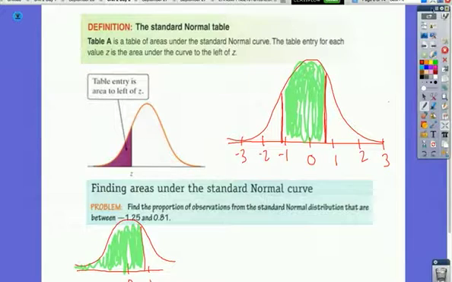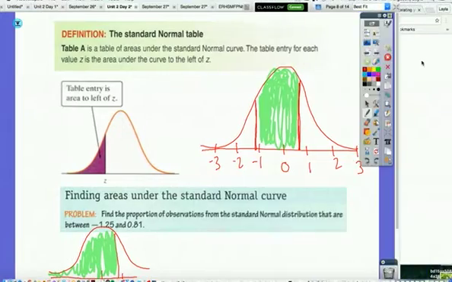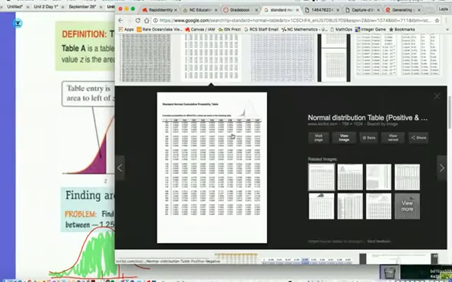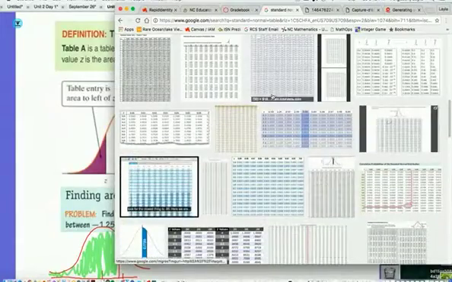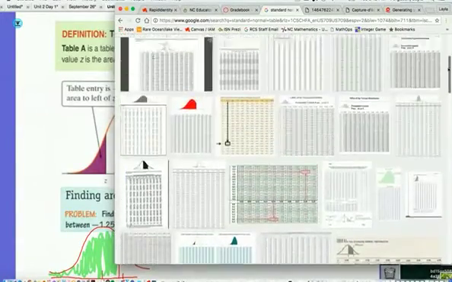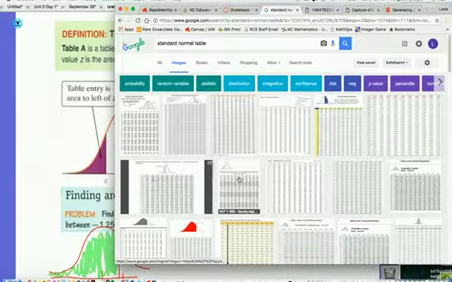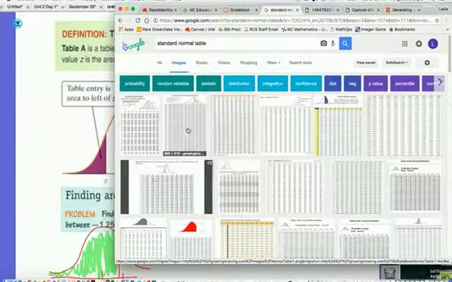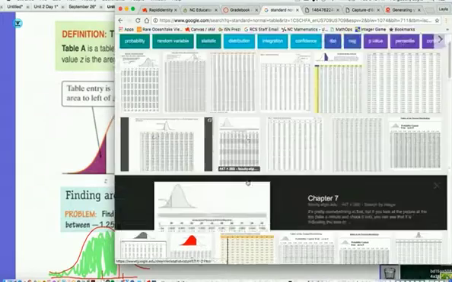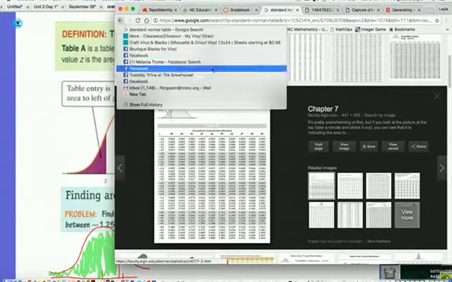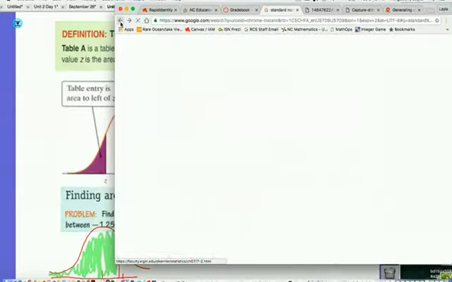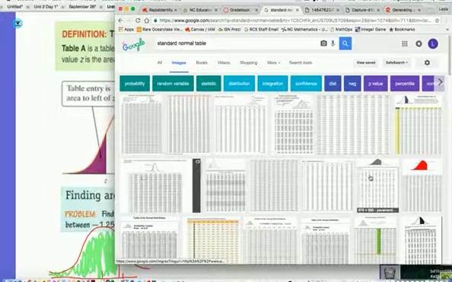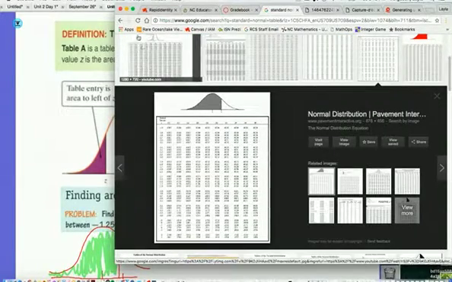Now what you're going to do is refer back to your table, that light pink paper. I don't have one pulled up, so I'm having to Google one. But you are going to go to that table, and you are going to look for 0.8 on the left-hand side and 0.1 across the top.